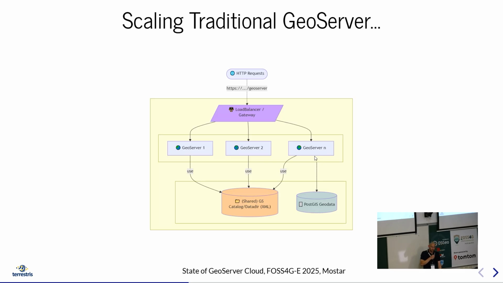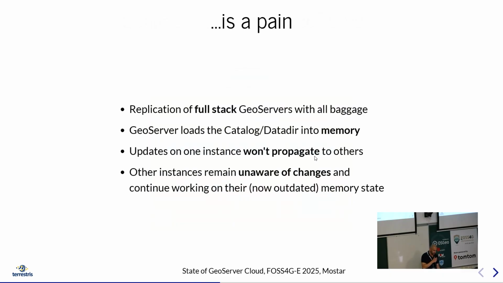GeoServer uses this GeoServer data directory, which is a directory with a lot of XML files that contain all the information of the GeoServer configuration, or the GeoServer catalog, for example, data stores that are connected, layers that are published, styles, and whatever. And you could say, I will share this data directory in the network, and then all of these instances can use it. So far, so good, but this is a lot of pain.